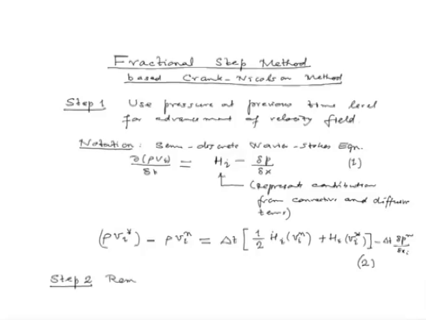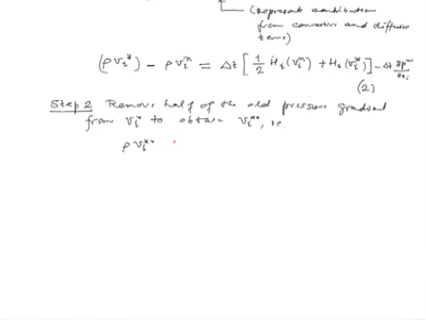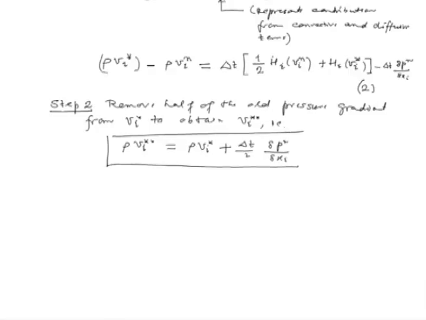So, remove half of the old pressure gradient from V i star to obtain V i star star, that is rho V i star star is equal to rho V i star plus delta t by 2 del P n over del x i. So, this is our second step.